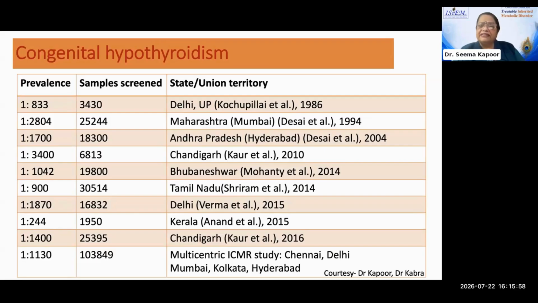And you would be surprised that centers like Sydney, Manchester, London, Bellevue, Seattle, Texas, which were having an incidence of 1 in 4,000 to 5,000, are now having an incidence of 1 in 2,500. What has happened? Have they lowered their cutoffs? No. The cause is actually a lot of Southeast Asian migration.